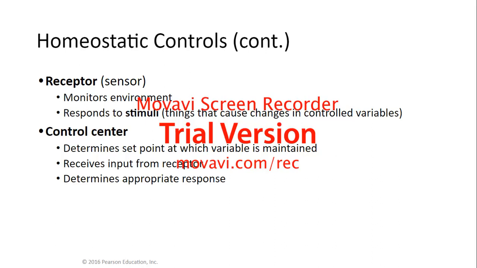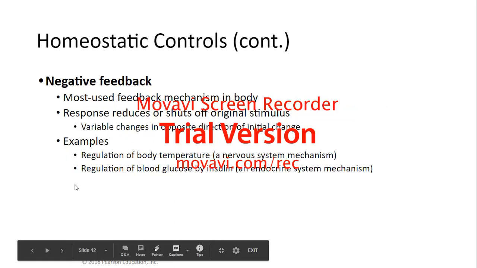Negative feedback is the most used feedback mechanism in the body. Essentially, the response reduces or shuts off the original stimulus. Examples are regulation of body temperature and regulation of blood glucose by insulin.